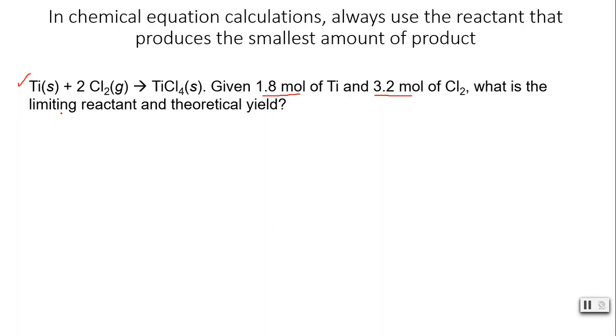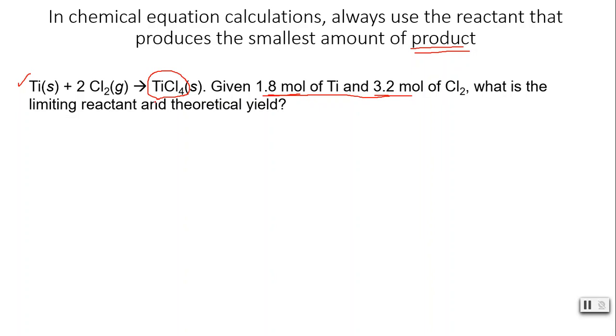So what that means is that I cannot just look at the amounts of my reactants that are given and say, oh, since 1.8 is smaller than 3.2, that means titanium must be limiting. No, you need to look at the smallest amount of product that is produced, which in this case is the TiCl4.